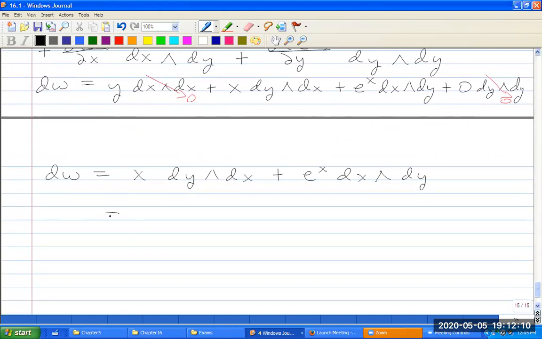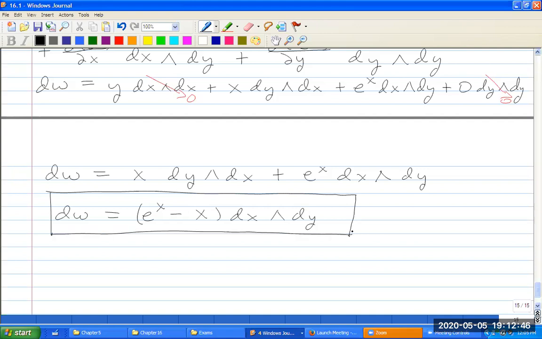And so the exterior derivative of the one form omega is equal to x dx wedge dy. And let's change the order here. So this will become a minus x dx wedge dy. And again, I usually write x before y. And that is your answer.